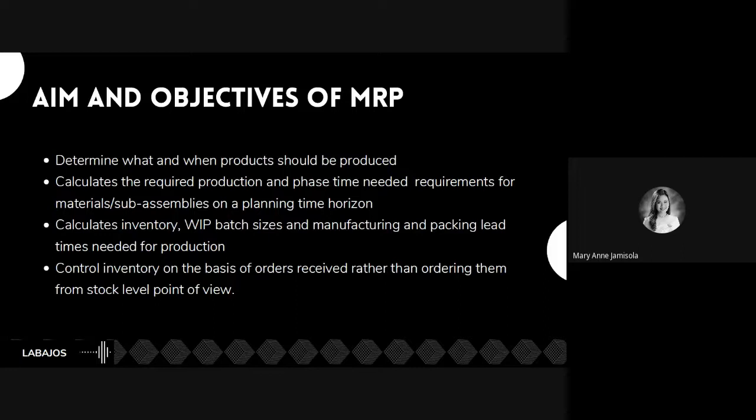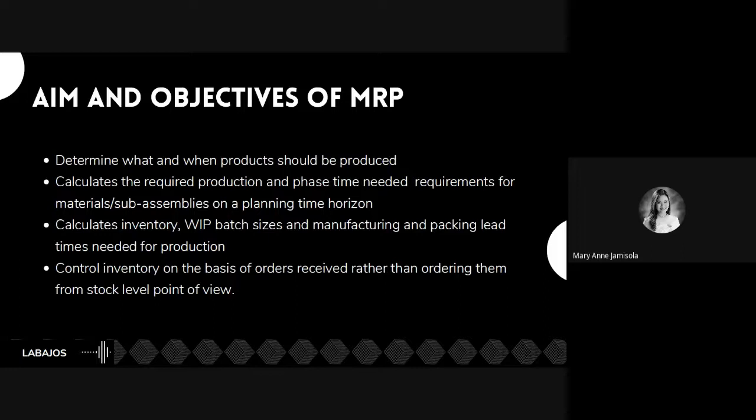So for example, if that specific finished good will take a few days to finish, we also have to know at which specific point in time this particular material is needed. So the timing. If we do this manually, this will be very much complicated and time consuming. So that is why we have MRP. This is a system that will help us decide when to order, what to order, and how much to order.